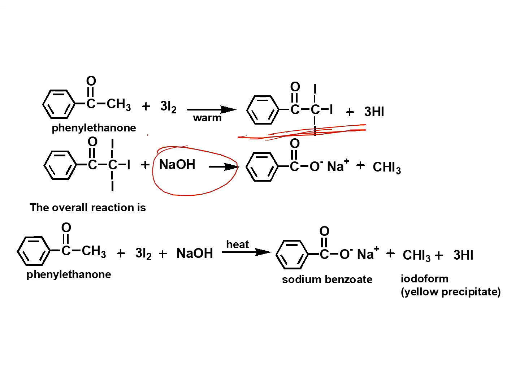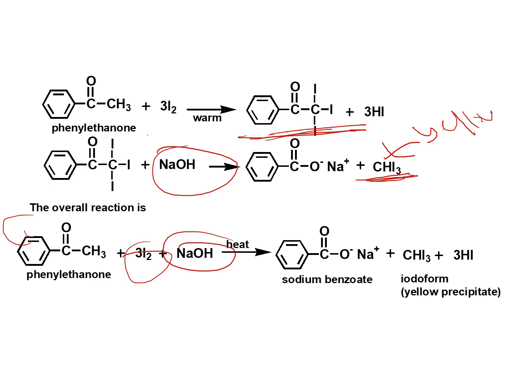What happens is the I is replaced with H, so it becomes CHI3. This gives a yellow precipitate. So this is the overall reaction: phenyl ethanone reacts with I2 and NaOH, so you get sodium benzoate plus iodoform plus HI.